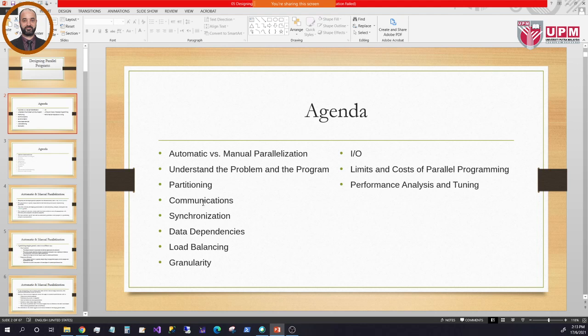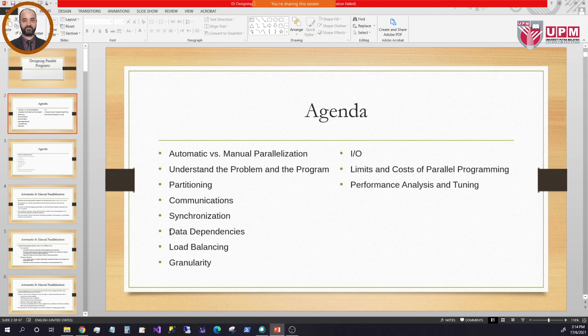And this communication actually requires synchronization in many cases. So that's why we also learned what kind of synchronization techniques we can use. Then after that, we covered the data dependencies.